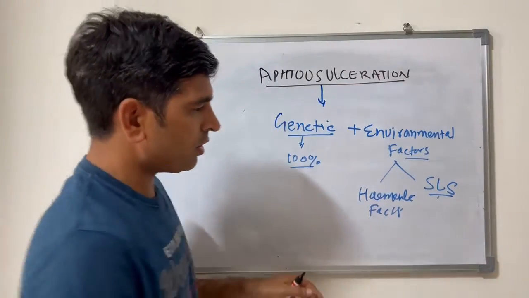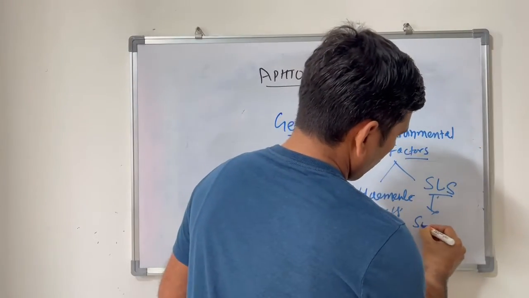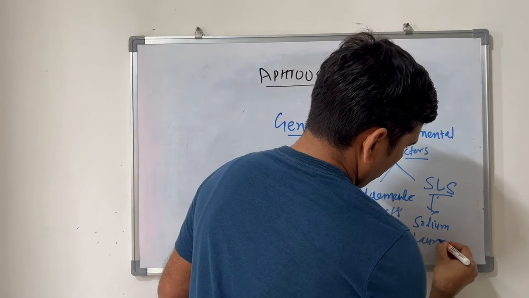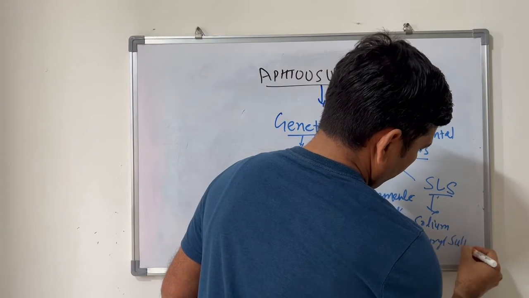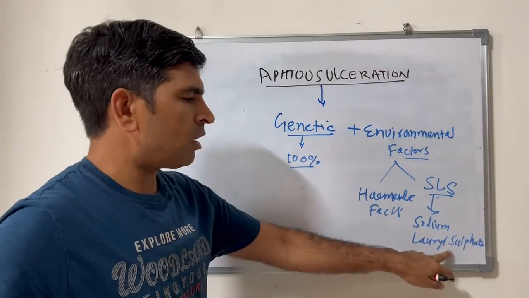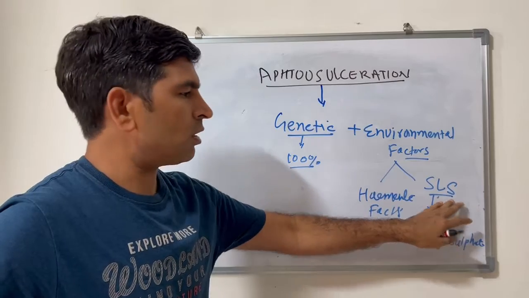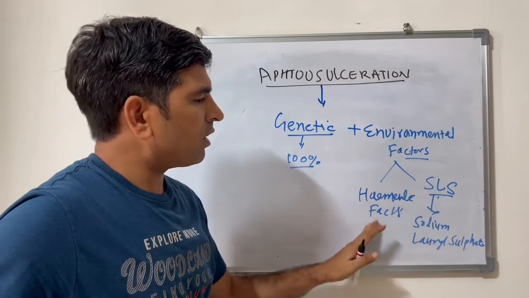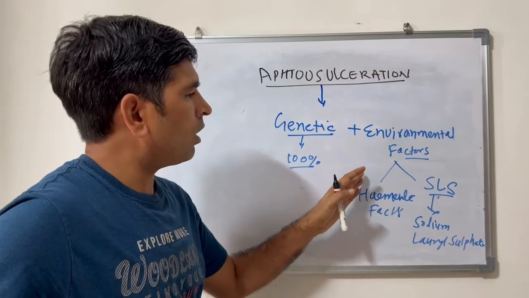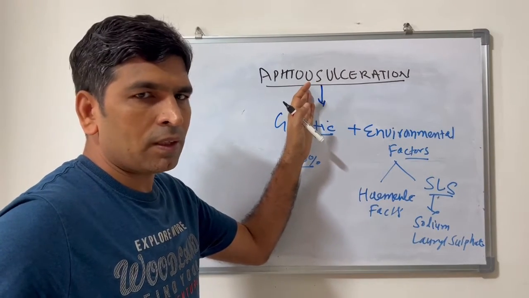What is SLS? Sodium lauryl sulfate. Sodium lauryl sulfate containing substances. These two factors, plus genetic susceptibility, have a role in the formation of Aphthous ulcer.